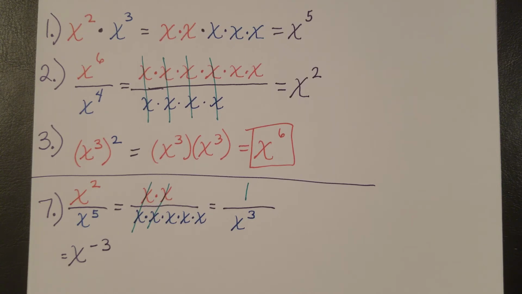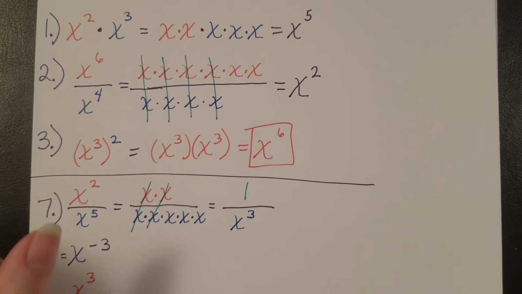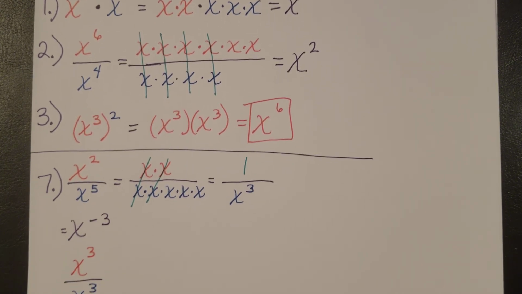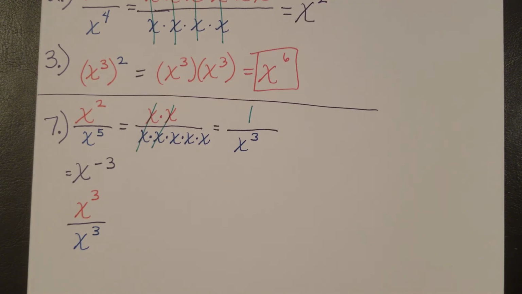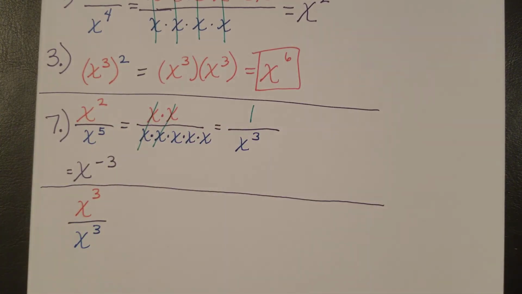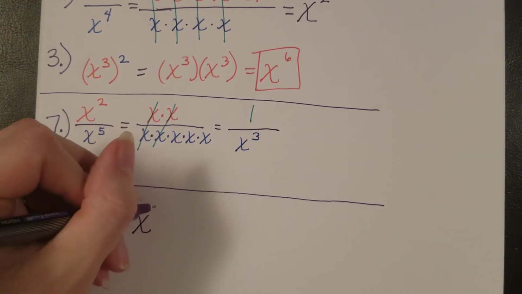Okay, let's see. Let's say we had x to the 3rd power over x to the 3rd power. Okay, well, if we use, again, rule number 2, subtract the exponents, 3 minus 3 is 0, so that would be x to the 0.